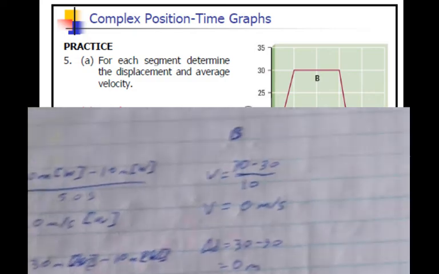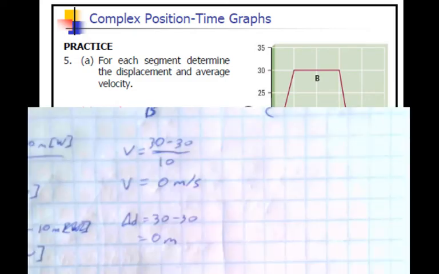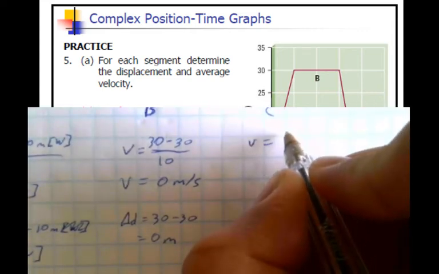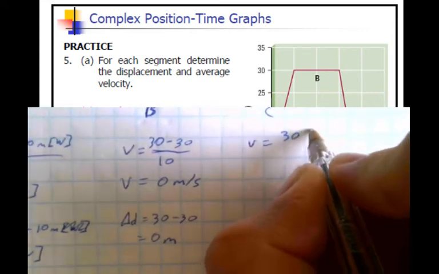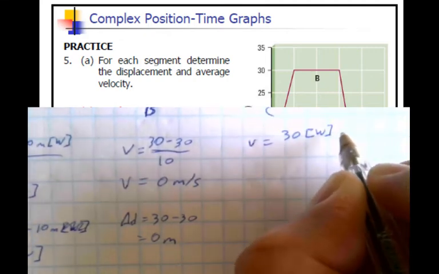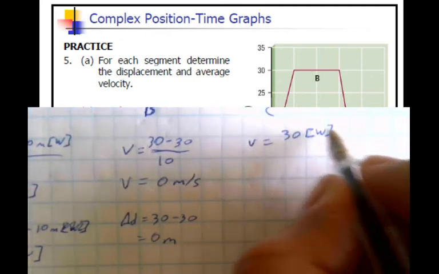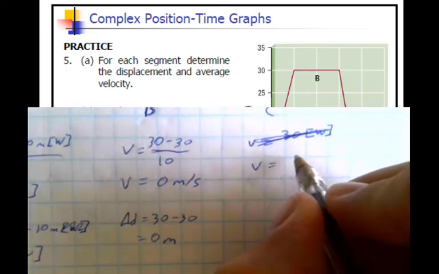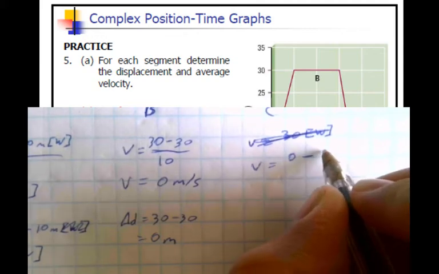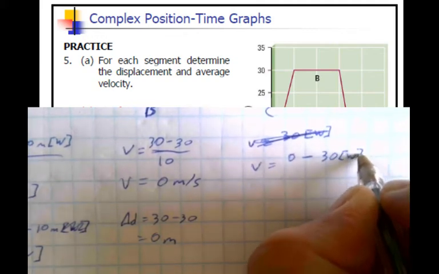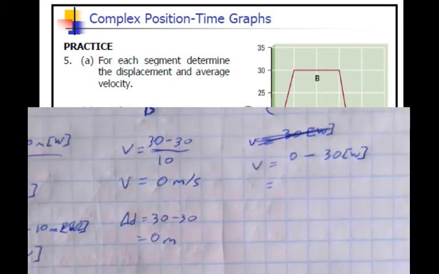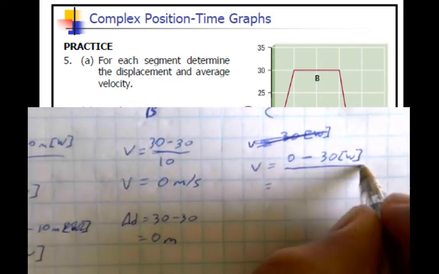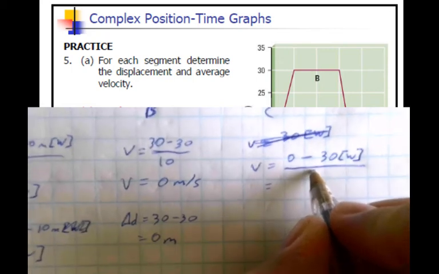And then for C, for our velocity, we start at 30 west, or actually we have to subtract by that because we have to do this the other way around. Our final position is 0, and we have to subtract 30 west, over 5 seconds.